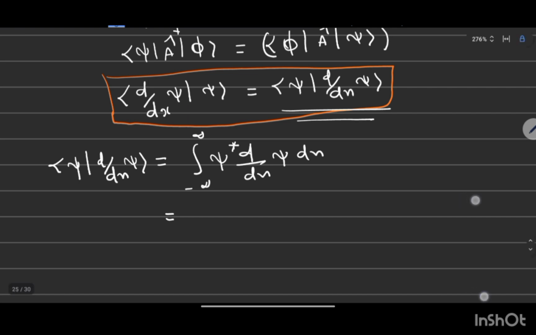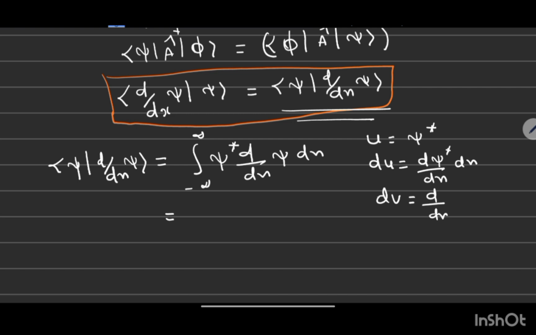I am going to take u as psi star, so du is d psi star by dx times dx, and dv is d/dx psi dx. Upon integration we will get psi.